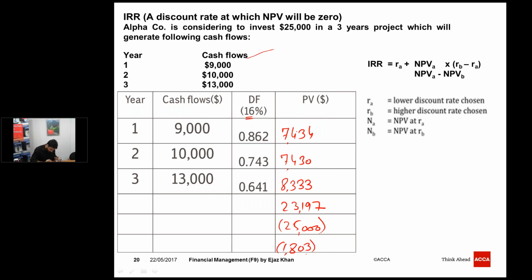Yes, thank you for correcting me. It's 7758. It's 23521. It's 1479 negative. Yes, thank you for correcting me.